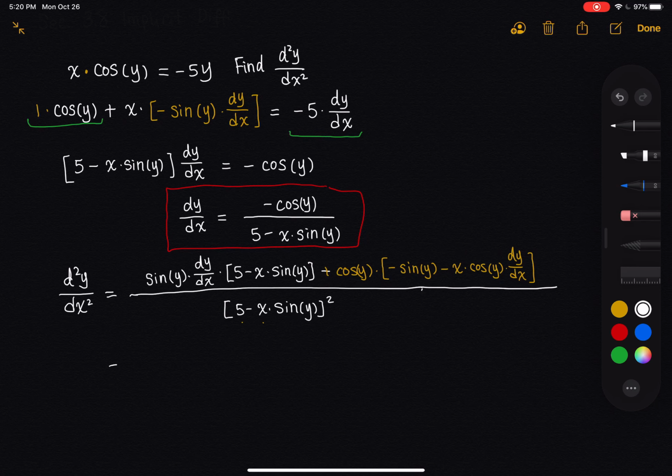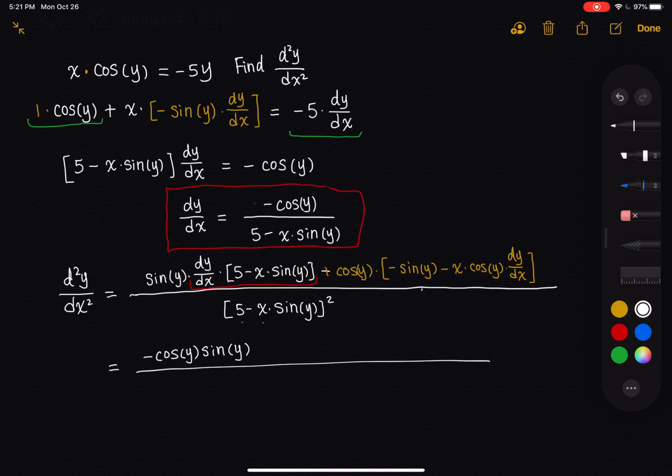Take a look at this expression, dy over dx times 5 minus x times sine of y. That is simply negative cosine of y. So we get negative cosine of y times sine of y.